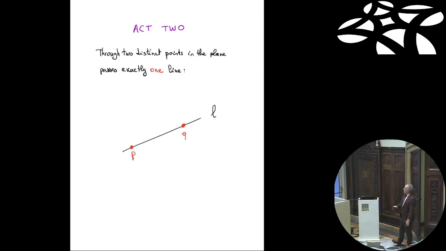I take 2 points in the plane, which are supposed to be distinct, and everyone knows that there is a unique line passing through these 2 points. There is a unique line passing through the 2 points. Okay, that's nice. We know that, but yes, we know that, but what?